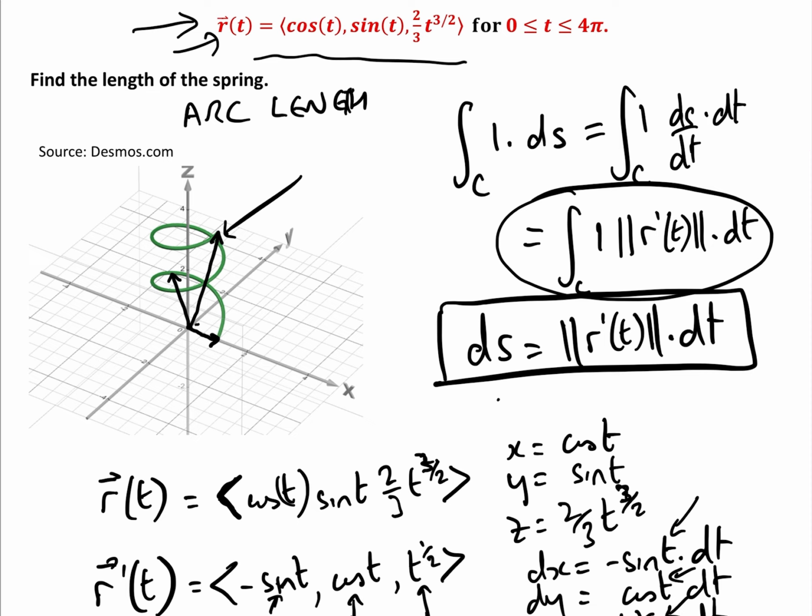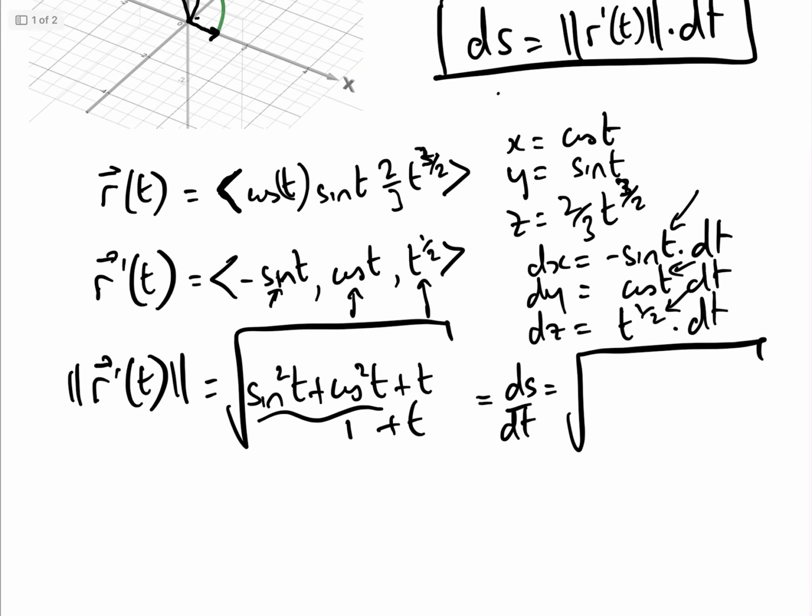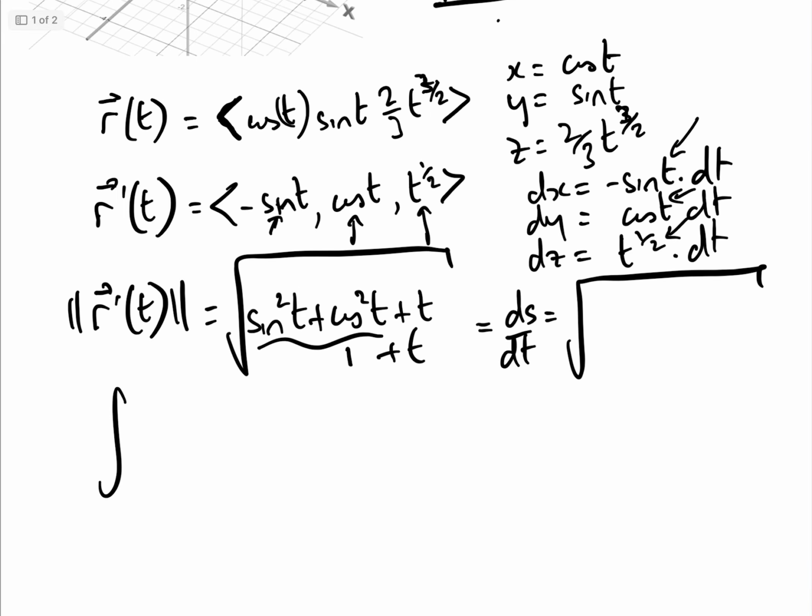Now all we need to do is go back to our arc length formula. They're all exactly the same, so it's the integral over the curve of 1 times the magnitude of r dash t dt. That gives us the integral over the curve, which was between 4 pi and 0, of 1 times what we've just calculated, root 1 plus t dt.